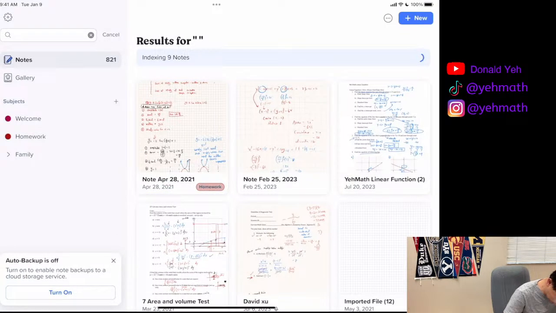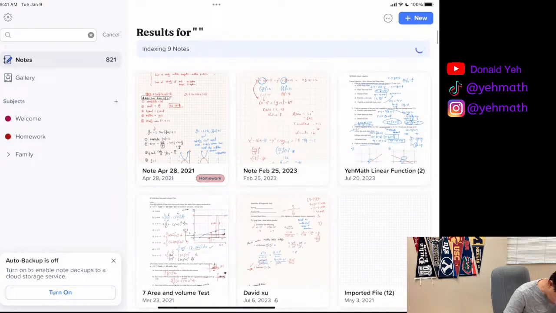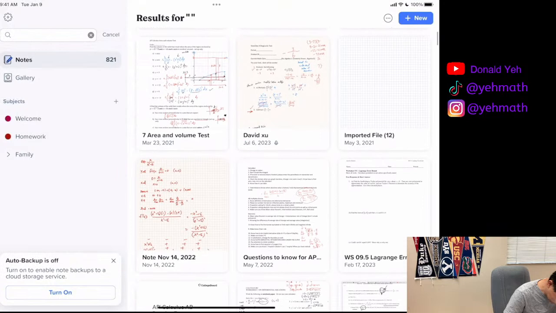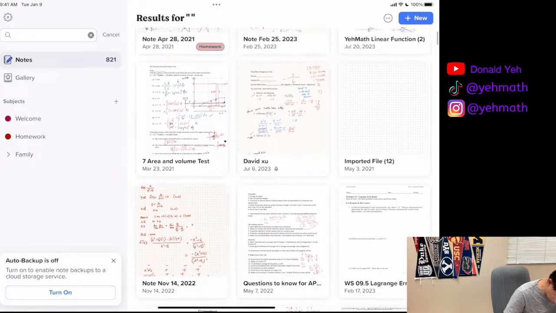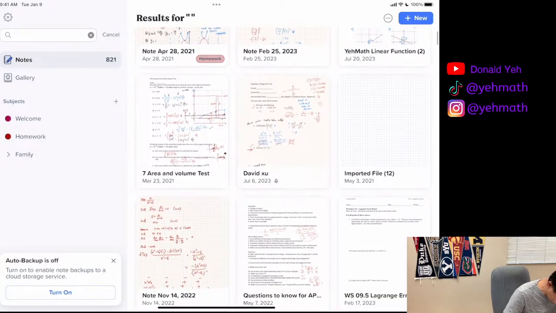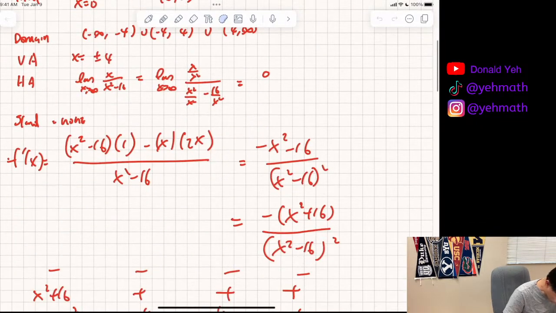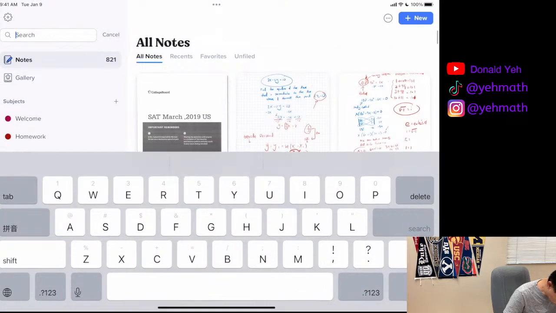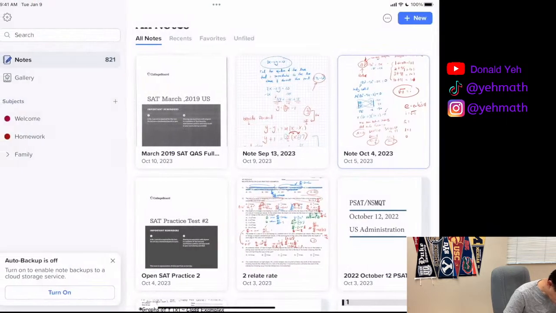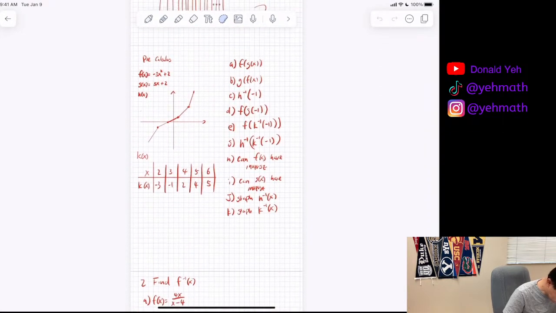They're still indexing though. How do I search most recent? Why are they indexing? What? Oh. You are smart. I am dumb. Okay.